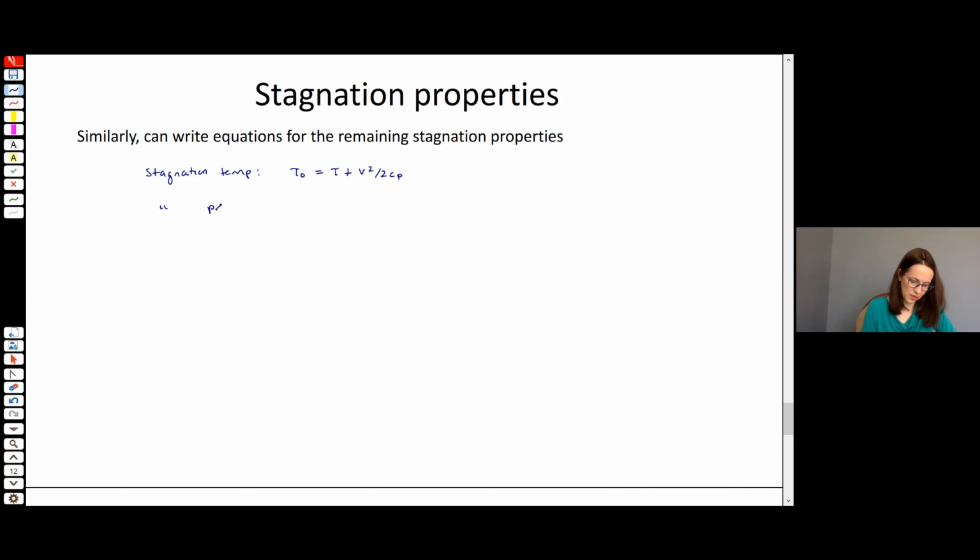Stagnation pressure. Now this is going to be a ratio in terms of the temperatures. And the stagnation density, also a ratio.